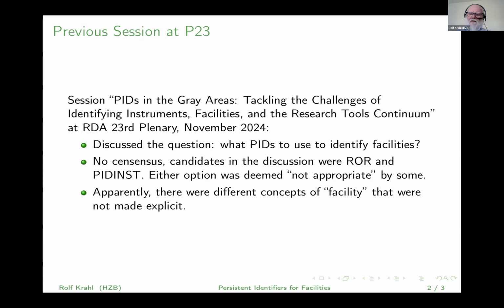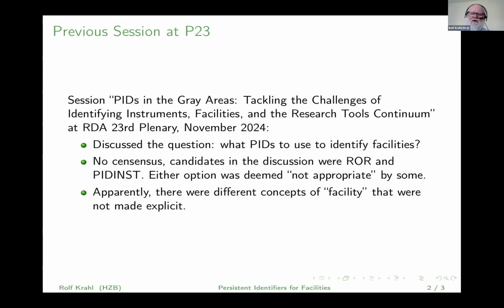The candidates in the discussion were RAiDs and persistent instrument PIDs. And either option was deemed not appropriate by some of the participants.